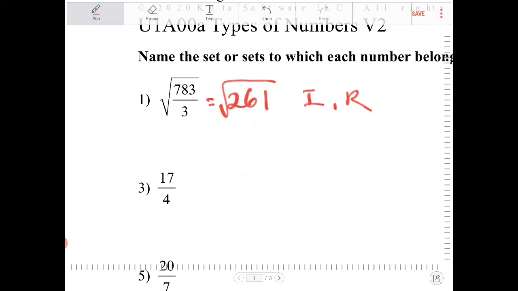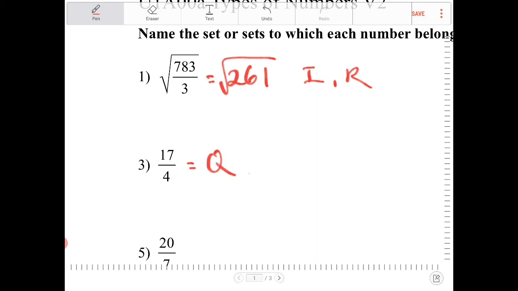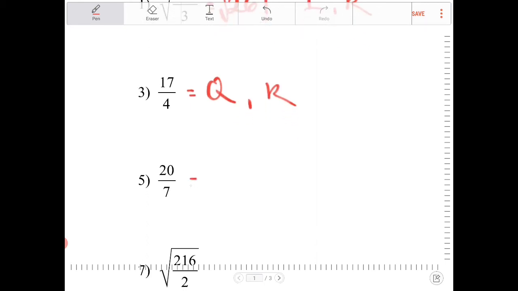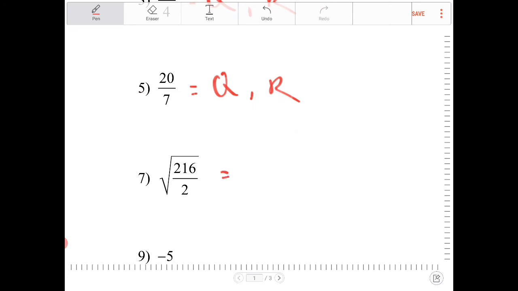This is also a real number. Okay, 17 over 4. This is going to be rational, and it's a real number. 20 over 7 is again a rational number, and it's a real number. 216 over 2 turns into the square root of 108, and the square root of 108 is not a perfect square.